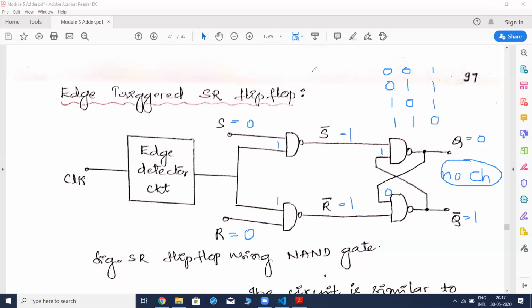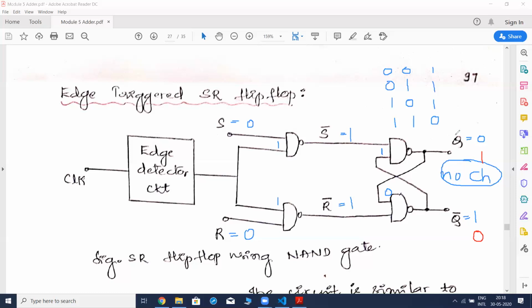Now let us change our input. We'll change Q to 1 and Q bar to 0. We have the inputs S bar as 1 and R bar as 1. This we cannot change, because our input is S equal to 0 and R equal to 0, and when it is passed through the NAND gate we obviously get the complement of that, so we have 1 1.